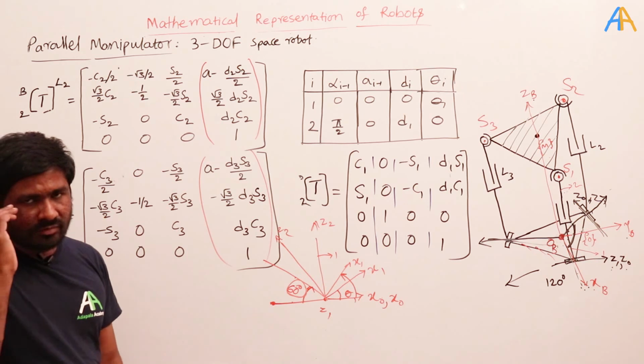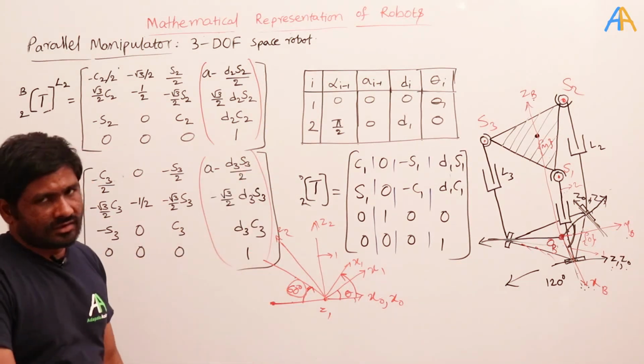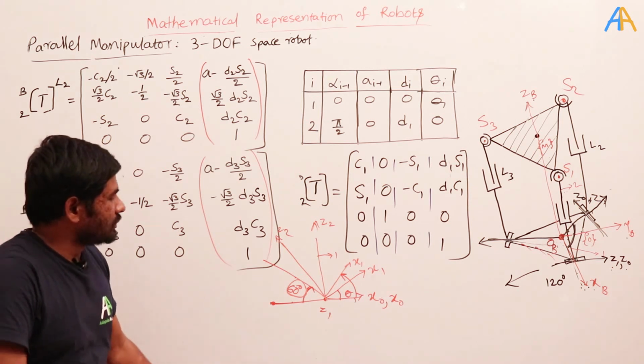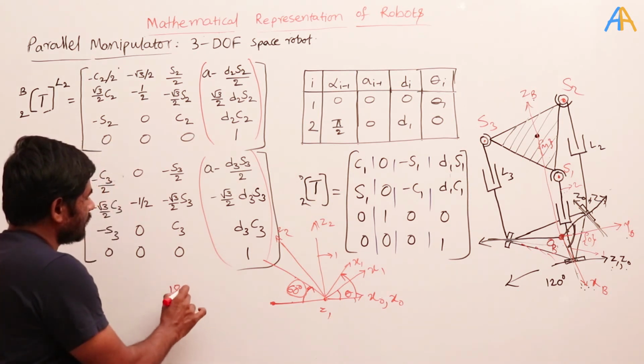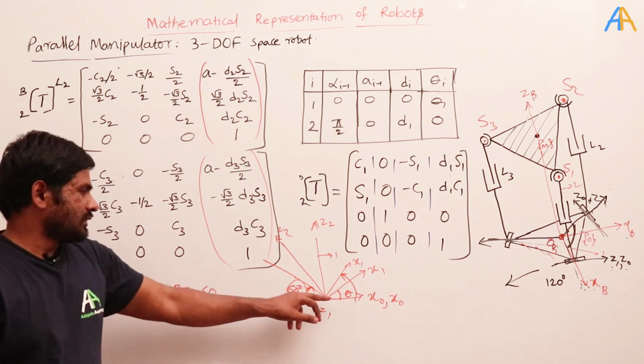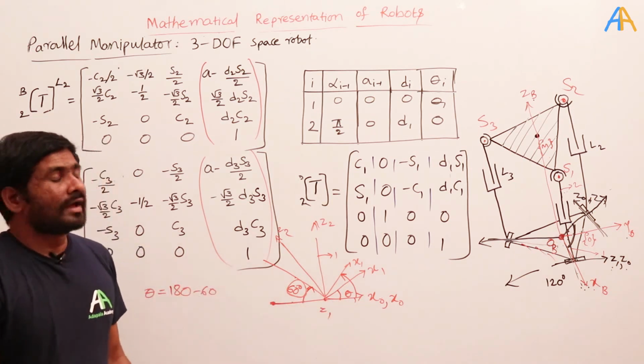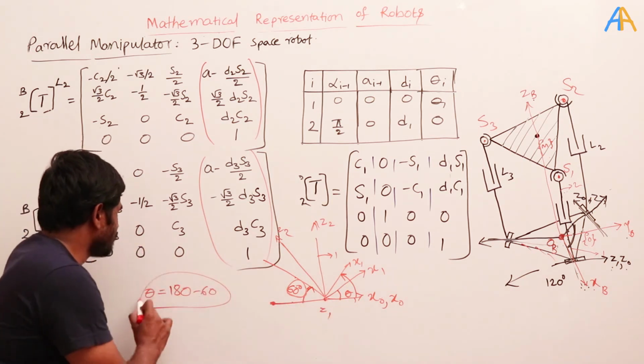If you substitute 60, then you will get the wrong answer. Okay, how much you need to substitute? You need to substitute theta equal to 180 minus 60. Why? Because we have chosen the theta from this direction, from the x0. Okay, so that you need to observe here.